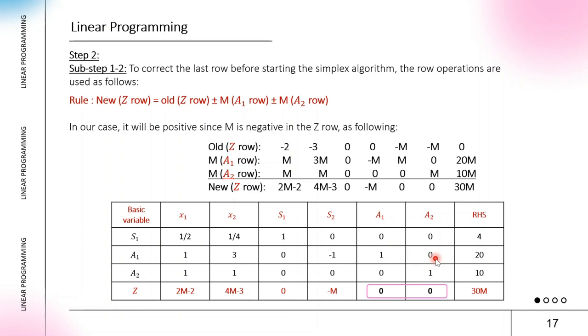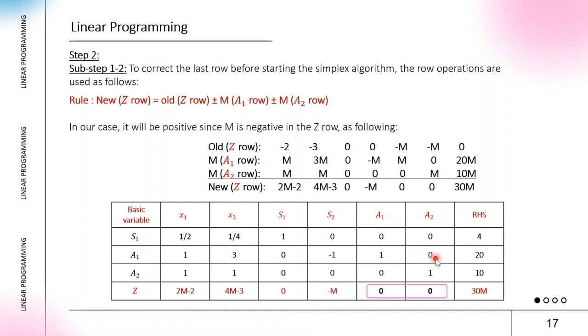The rule is: new Z row equals old Z row plus M times the row of each artificial variable, because the old Z row coefficients for A1 and A2 are -M. Adding M times each artificial row eliminates those terms.